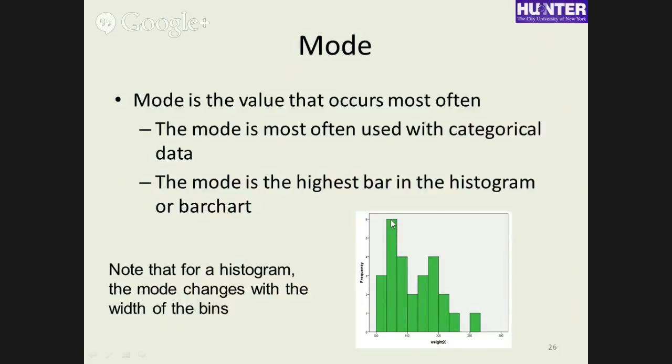We don't really use mode a whole lot because it's not that well defined for quantitative variables, but it's good to know what it is. Of course, if you have 2 different bars that are the highest, then the mode isn't even defined. It's a bimodal distribution. It has 2 modes. There's the mode.